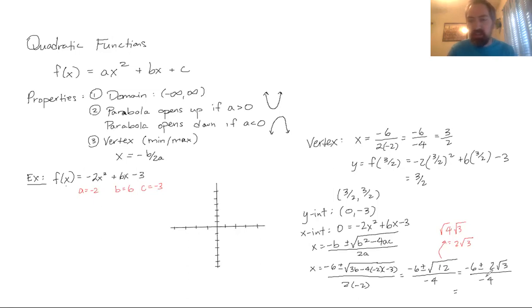I have to be able to take a number out of all 3 of these terms. So I can take a 2 out of all 3 of those. Taking a 2 out of -6, that's -3. If I take a 2 out of the 2 square roots of 3, I'm left with 1 square root of 3. And then in the denominator, that'll reduce to a -2.